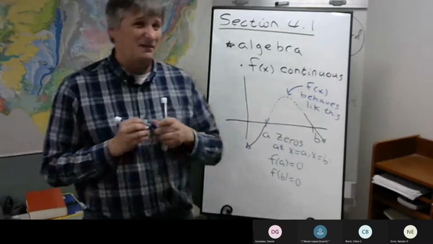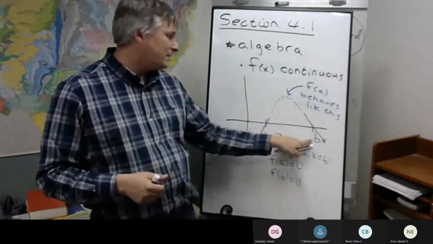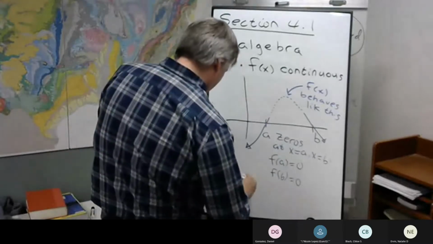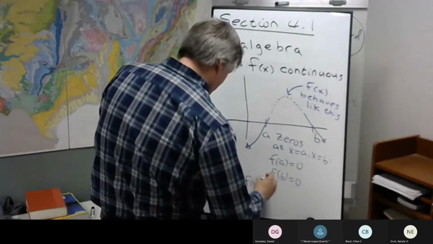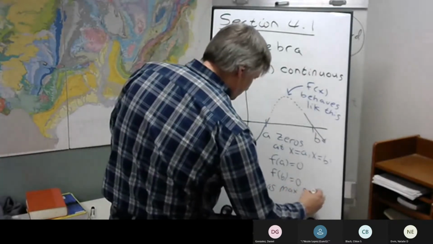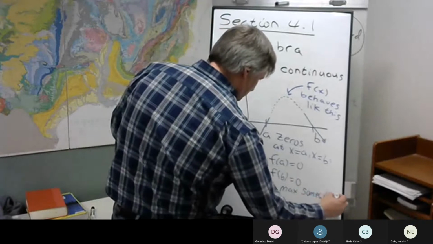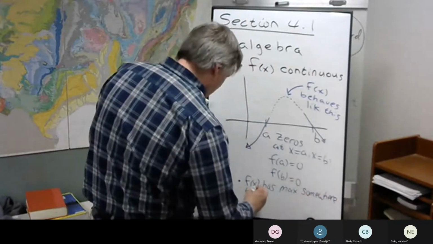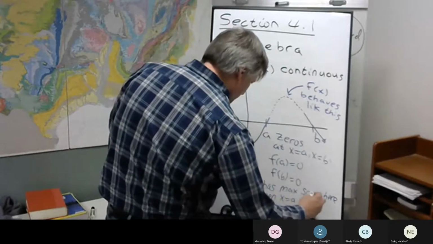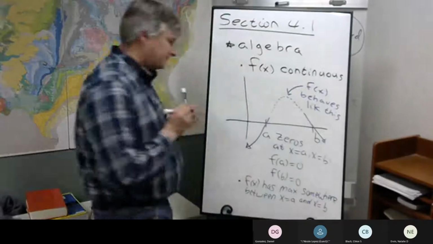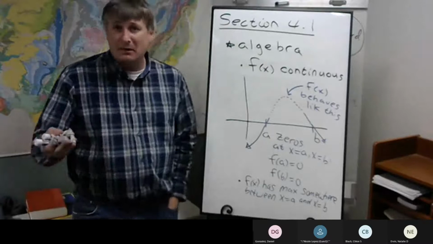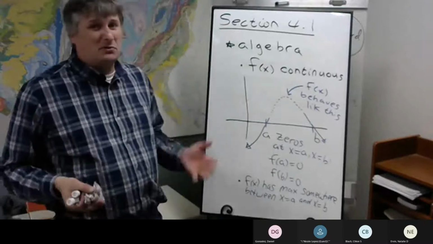Another way of saying this is that somewhere between a and b, f of x has a maximum. So this is how we handle maximums, and likewise minimums, in algebra. And that's about as good as we could do.